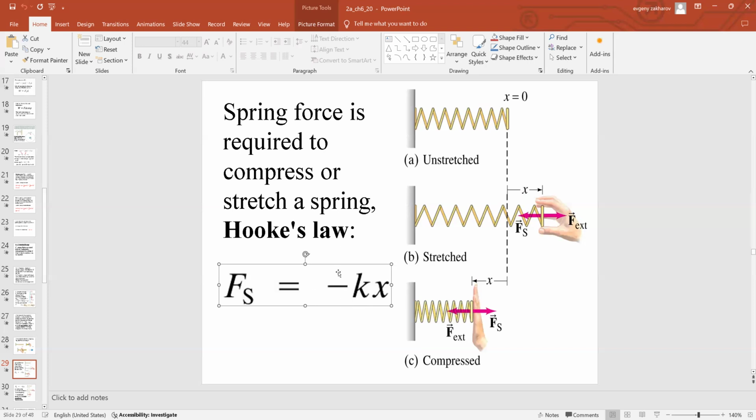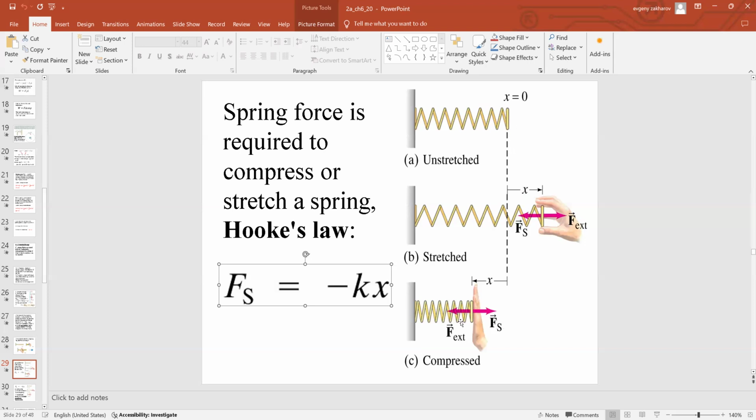I want to point out that there is a negative. Why is there a negative? Because there is an external force that you want to say stretches out the spring, and see how the spring force is in the opposite direction. It is trying to move the spring back to its unstretched position.